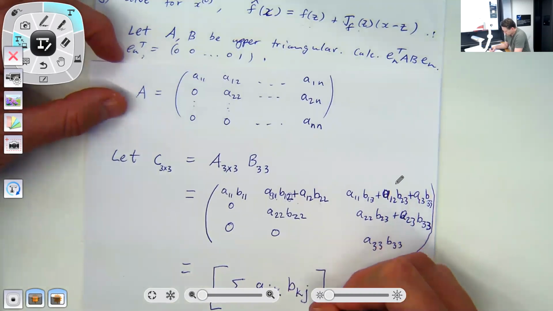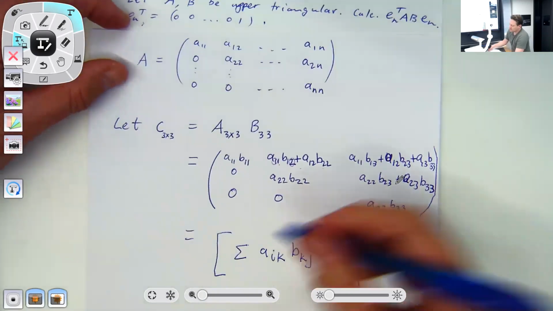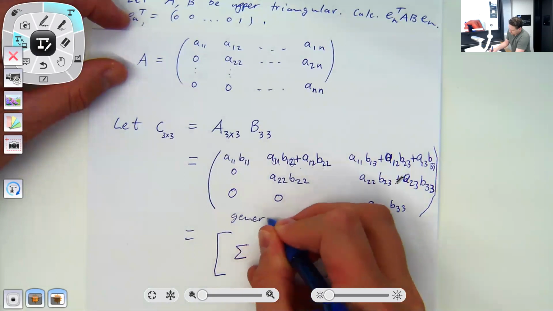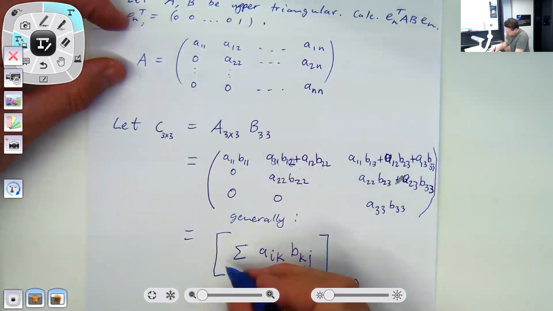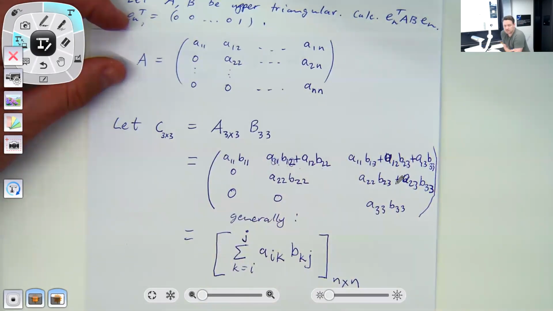In the subscript, I'll say that this is an n by n matrix, because I'm generalizing what's here. So I'll just write generally, not 3x3, but the sum goes from k equals i, and it stops at j. That actually accommodates the zeros as well.